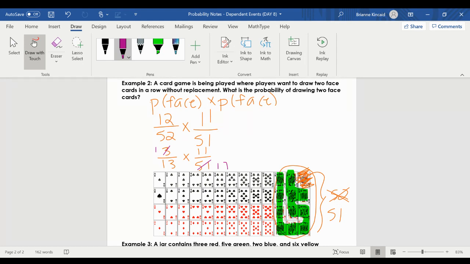And now you have all prime numbers, which means none of those will reduce. So in the numerator, 1 times 11 gives me 11. And 17 times 13 gives me 221. Final answer.